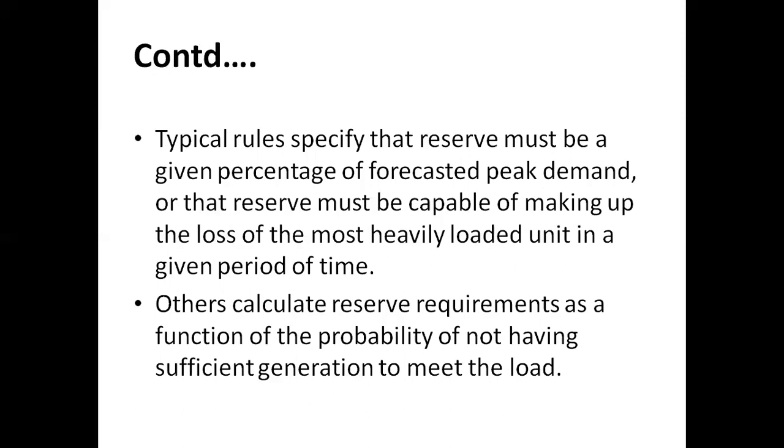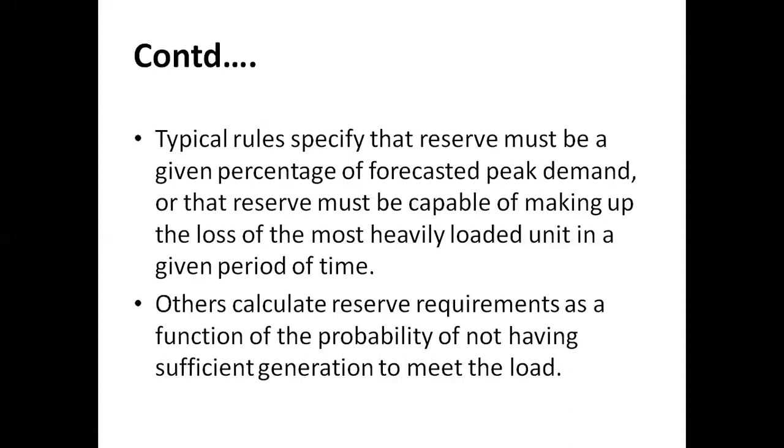Peak demand means there is a maximum demand. So within the range of minimum demand to maximum demand, we can counter that particular loss in the system, or the most heavily loaded unit that is lost within the system. We can counter it if I design the reserve in such a way, for the percentage of forecasted peak demand.